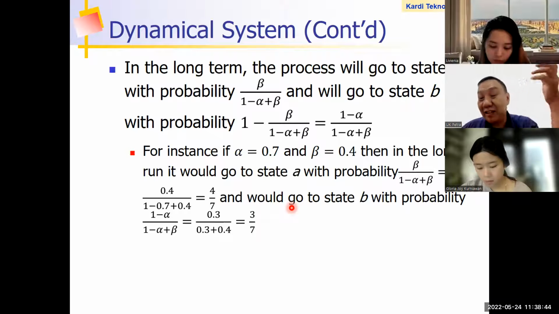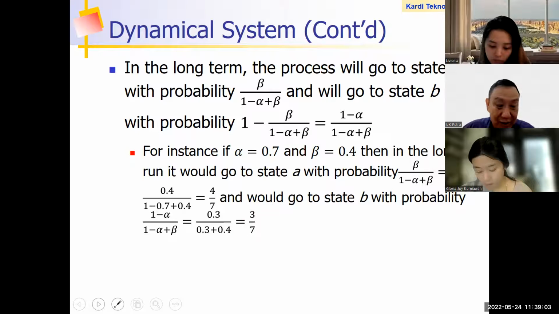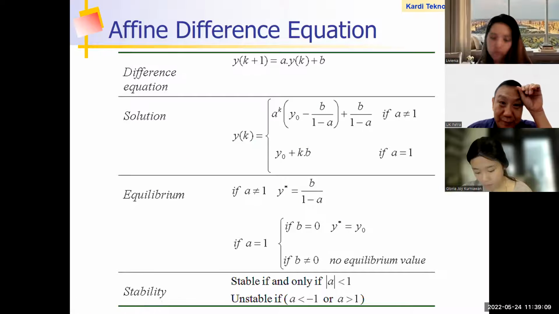That is the one that we are interested in, something more than just tomorrow. So this is the ideal condition, the long-term behavior, the steady state. What will be the probability? That is what we are interested in for a Markov chain. Is it clear or not?